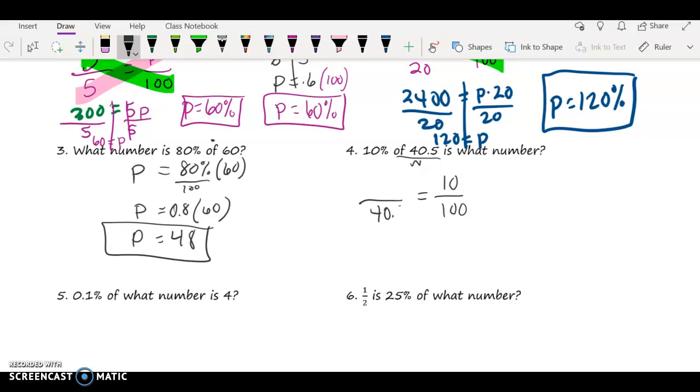So 40.5 is what number? This is my part. So P goes on top. And now I cross multiply. So P times 100 is 100P. And 40.5 times 10 is 405.